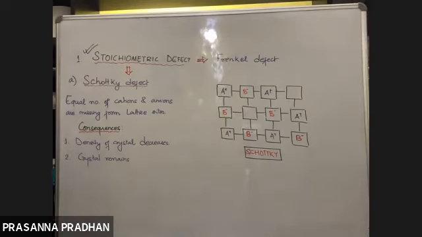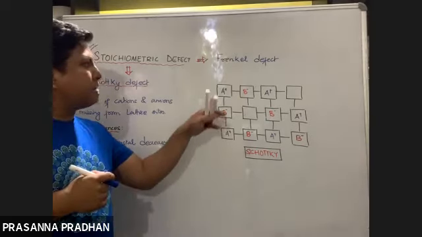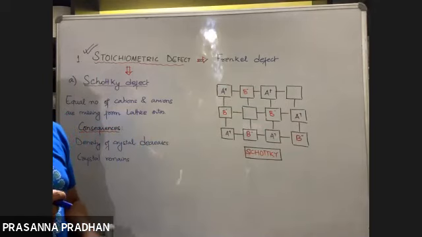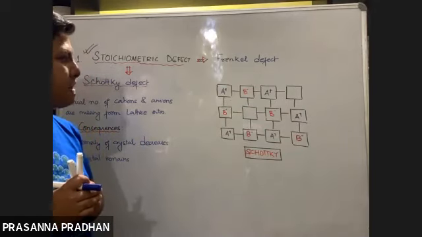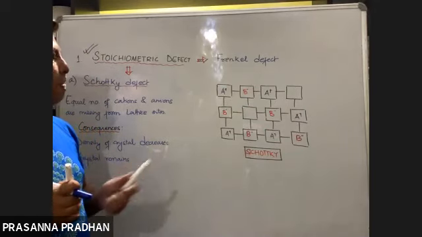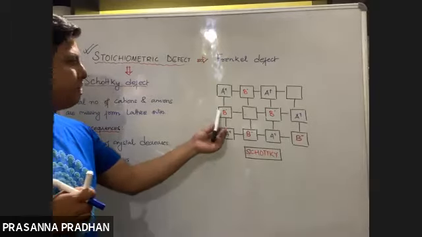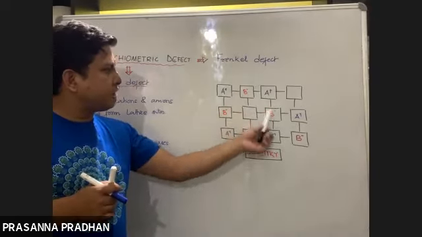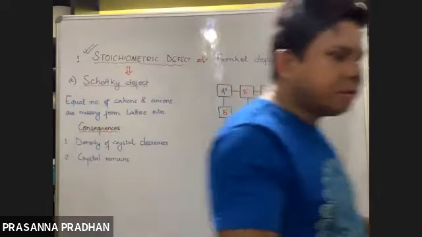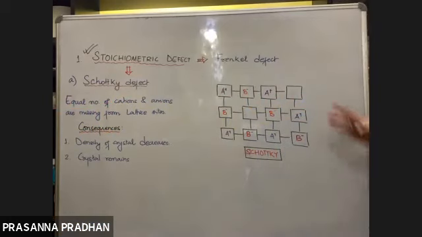Second, the crystal remains electrically neutral. Due to the defect, how many positive charges are there? 1, 2, 3, 4, 5. How many negative charges are there? 1, 2, 3, 4, 5. This is a stoichiometric defect, so as many cations as there are, that many anions.